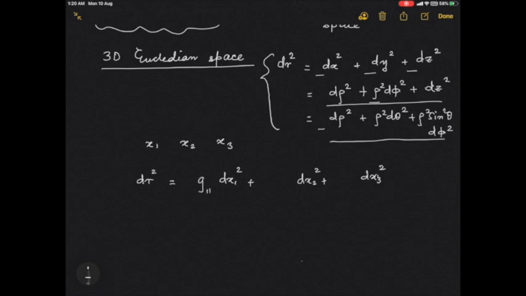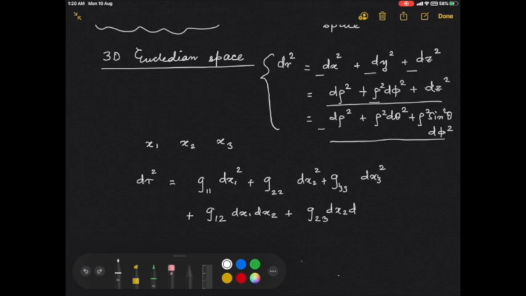So let us call this G11. Let's call this G22. Let's call this G33. And you can imagine an arbitrary case, I can have this type of terms also. So that's so-called cross terms.